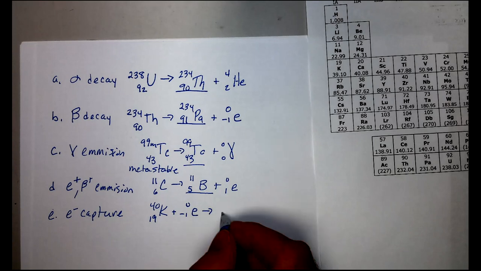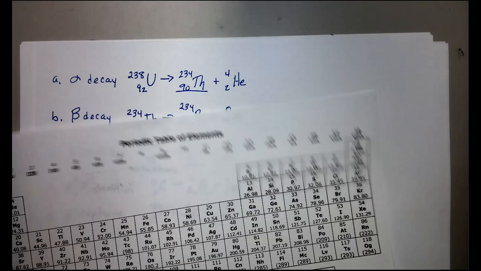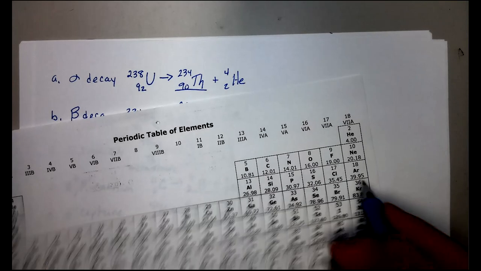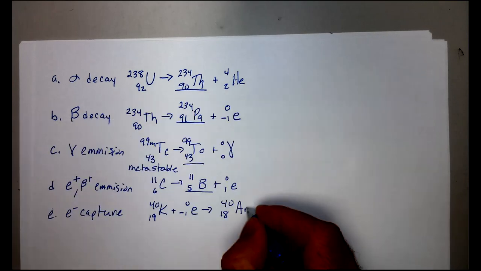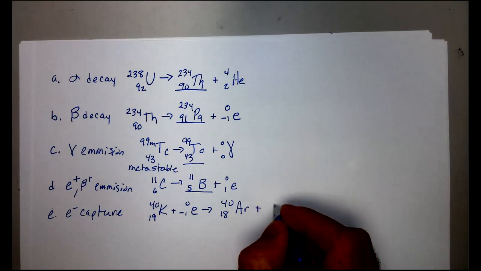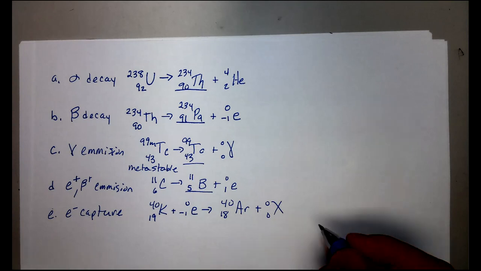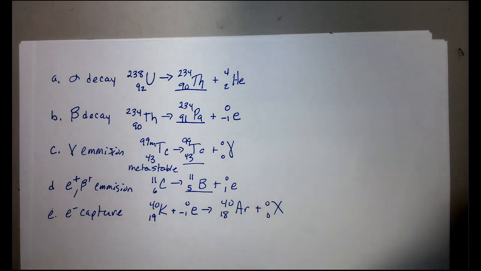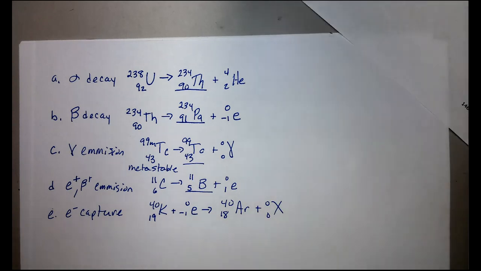So 19 minus 1 is 18, still 40. So 18 is argon. And it's hard to predict that, but you're likely going to get an X-ray. One or more X-rays. So that's how you go about balancing some of these decays.